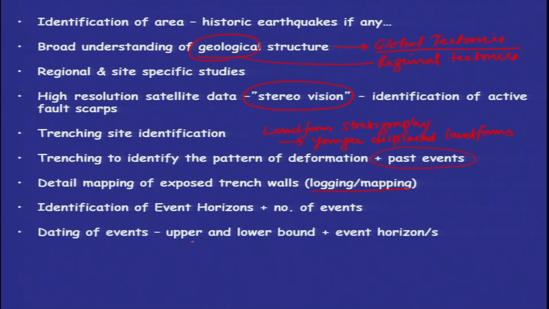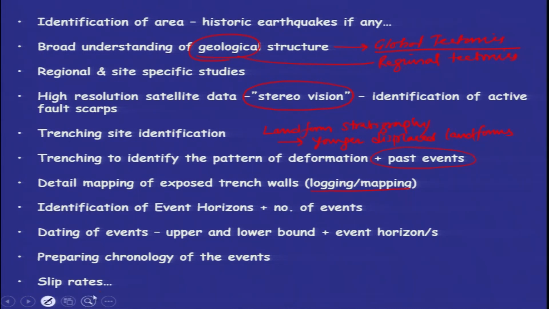Dating of events, upper and lower bounds we will try to collect, and that will help us in identifying exactly when the event took place. Prepare a chronology of the events. So, this finally will help us in identifying the slip rates also.